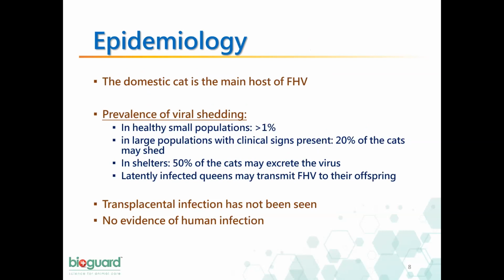the main host of this virus. The prevalence of viral shedding, if we talk about the healthy population, which are usually household cats, will be less than 1%. However, if this population increases, the clinical signs will also increase, and about 20% of the cats may be shedding the virus.